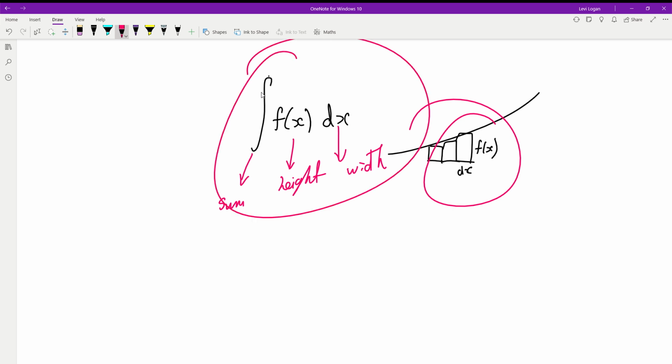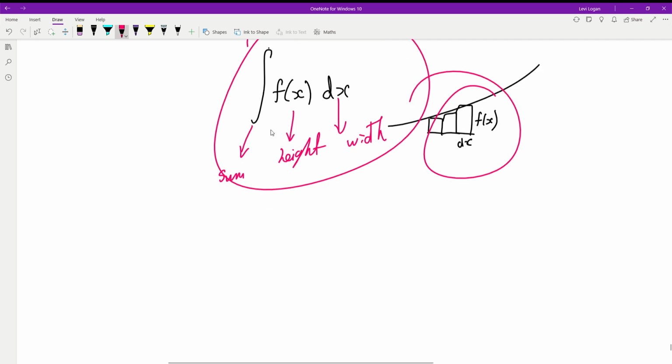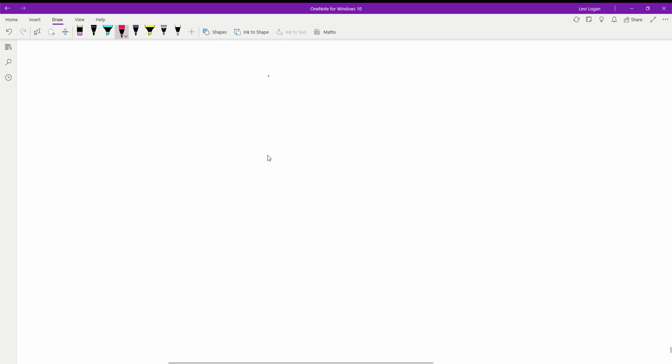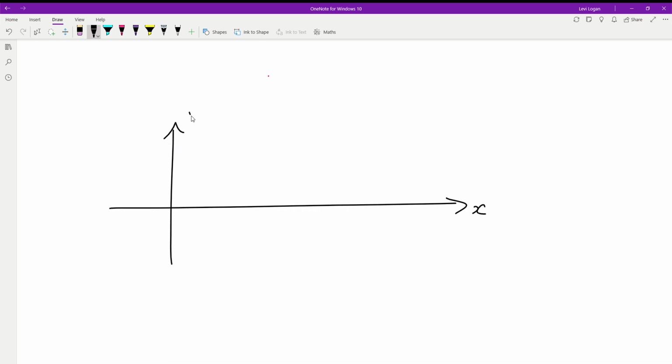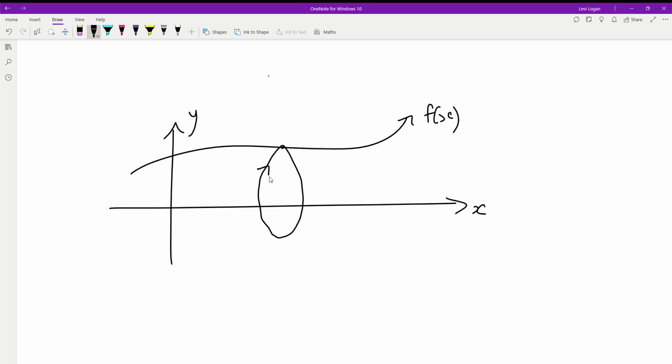Okay? Now the final thing I'm going to prove is a volume of revolution. So imagine another curve, and I have f of x again. And I decide I want to rotate it around the x-axis. So in other words, I kind of get a volume here.